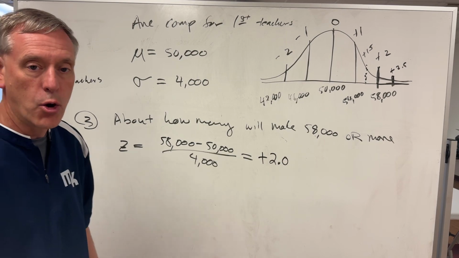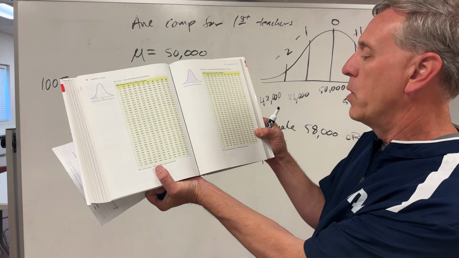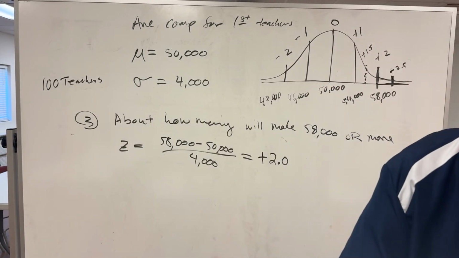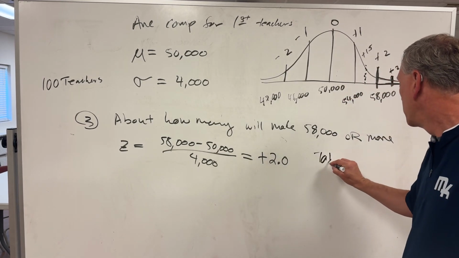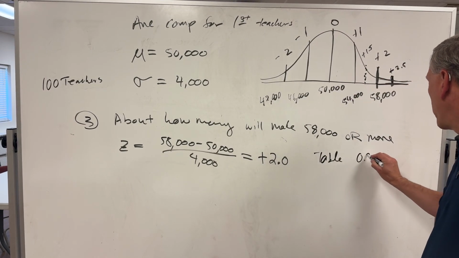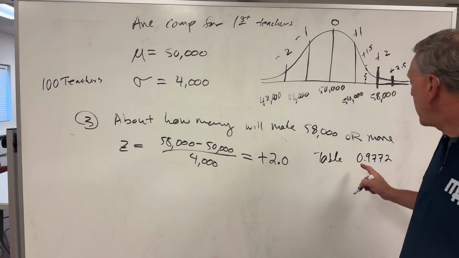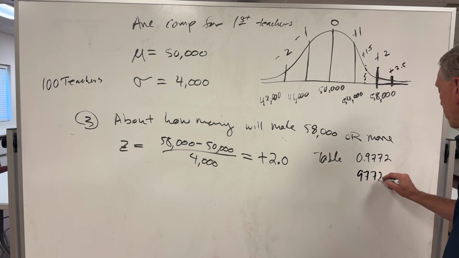Okay, so now we're going to go back to our table again, and the value for 2.0 is 0.9772. That's the probability, so 97.72%.